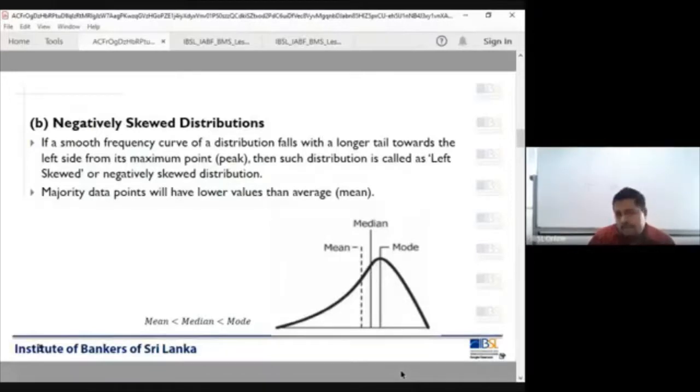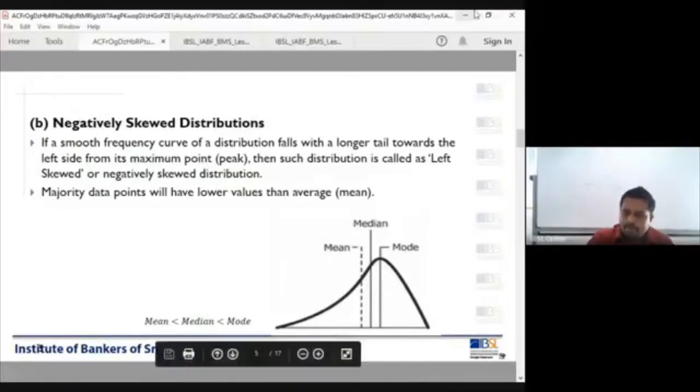Now in practice, do you think we could see these kind of distributions? I would say one good example would be your advanced level marks for some of the subjects, which will be having a bit of a difficult examination question.